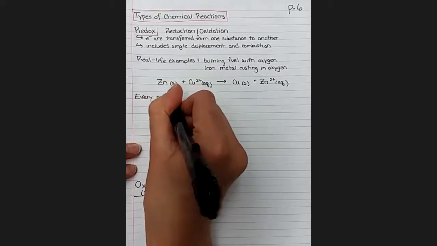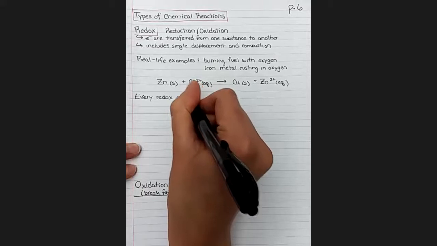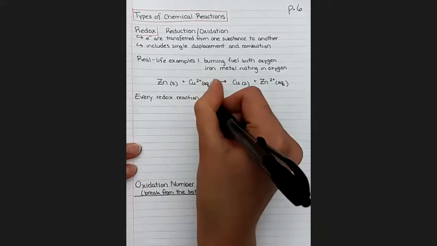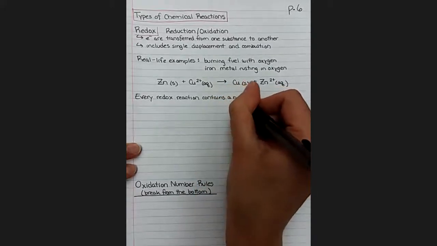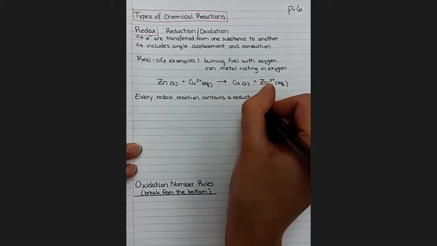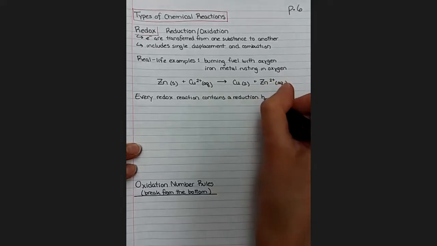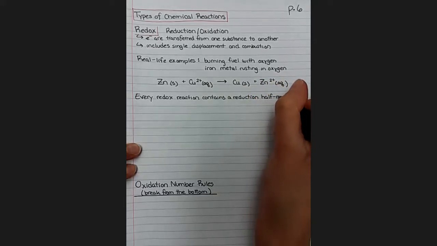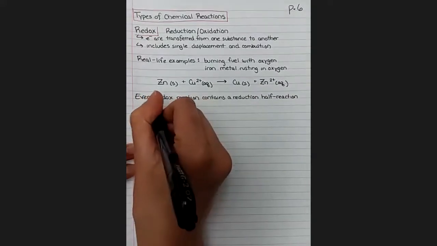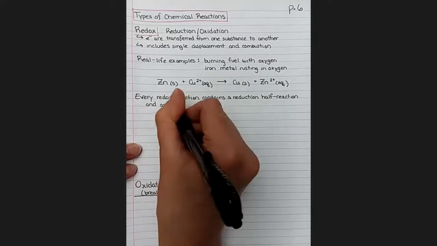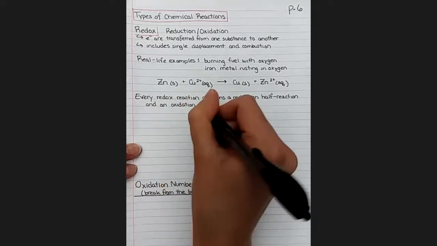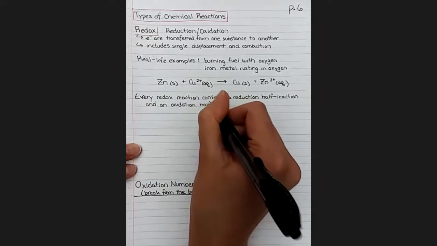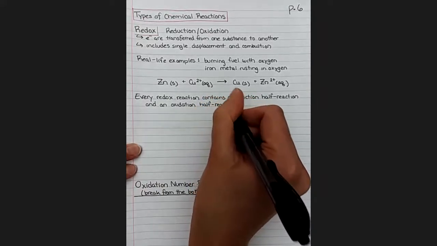We know that every redox reaction contains two halves, reduction and oxidation. And we can separate those specific parts of the reaction by writing a reduction half reaction and an oxidation half reaction, just like we can separate an acid and a base out from each other in an acid-base reaction.